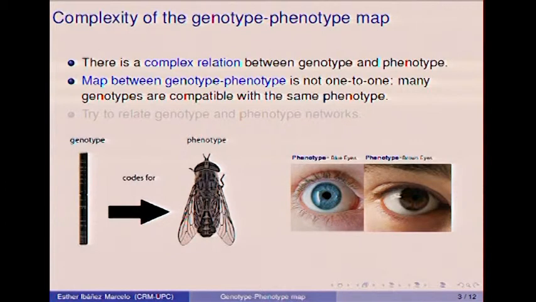For example, many people have the same color of eyes, but all of them have different DNA. So we are going to try to study this relation between genotypes and phenotypes. Our aim is to characterize the geometrical and topological properties of this space using robustness and evolvability.